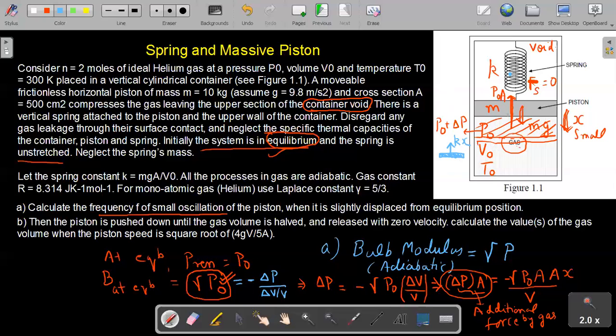And then due to the downward displacement of this piston and the compression in the gas, the additional force by the gas will be the corresponding change in pressure delta P multiplied by area capital A, which we have solved.